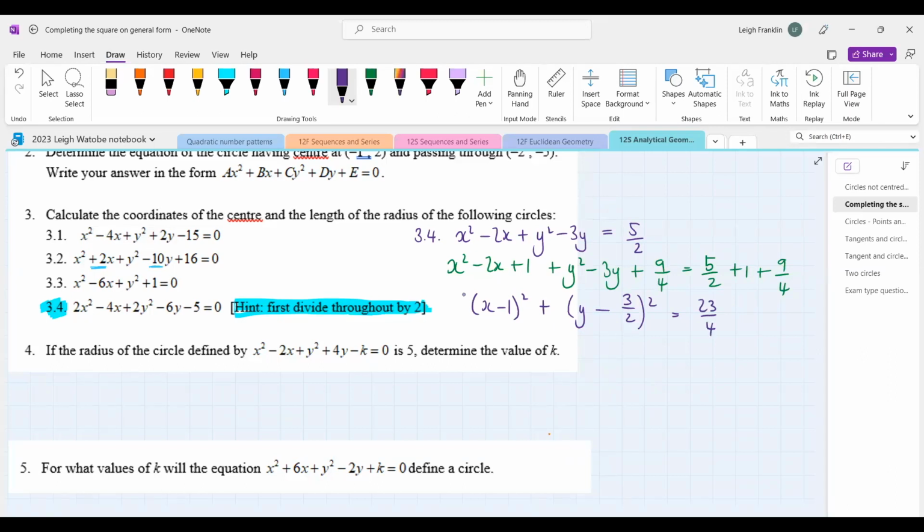Thank you, ma'am. And then my coordinates were 1 and 3/2. And r was equal to the square root of 23/4, which can be simplified to the square root of 23 over 2. Excellent. Lidwina, that's brilliant.